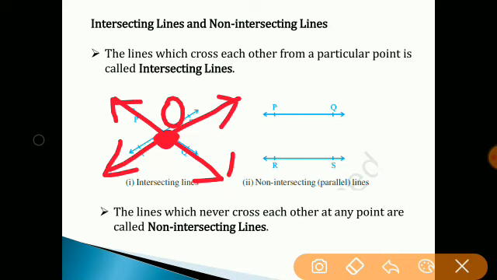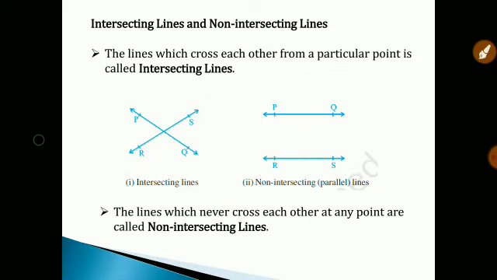But in the second figure we can see that PQ and RS, the distance between PQ and RS will be equal every time. That's why we can say that they are non-intersecting lines.